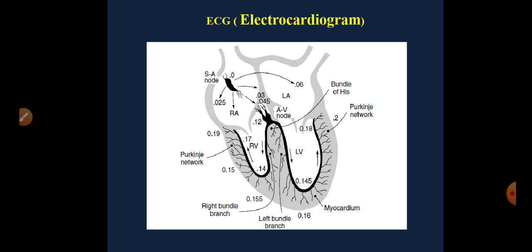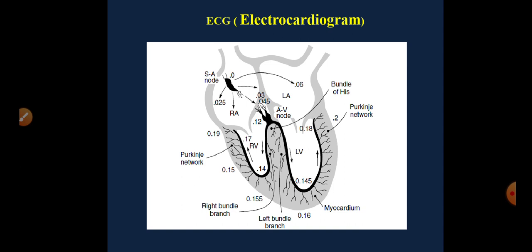Okay, so the heart has its own system for generating and conducting action potentials through complex changes of ionic concentrations across the cell membrane. In the right atrium, near the center of the vena cava, is a group of cells called the sinoatrial node, abbreviated as SA node, that initiates the heart activity.